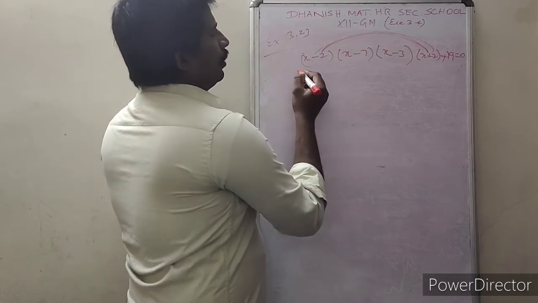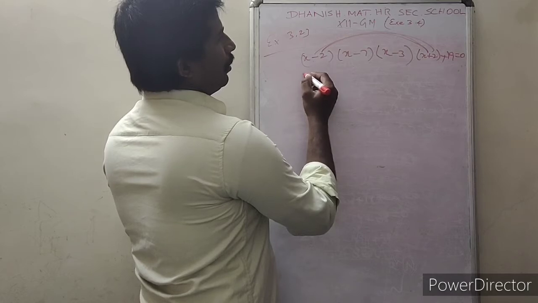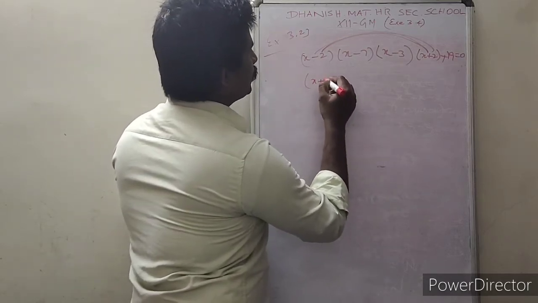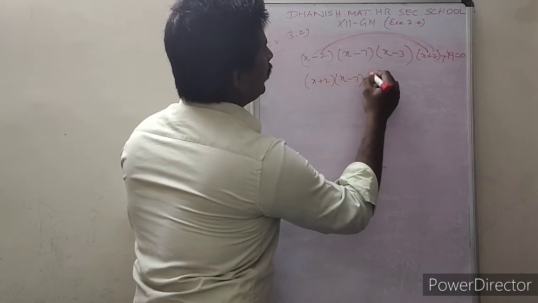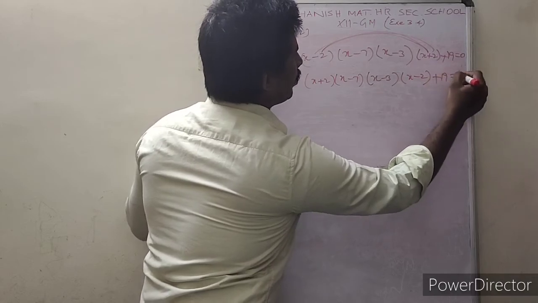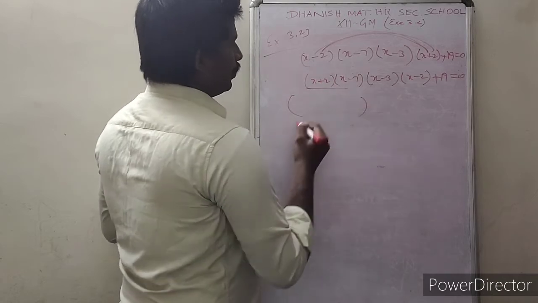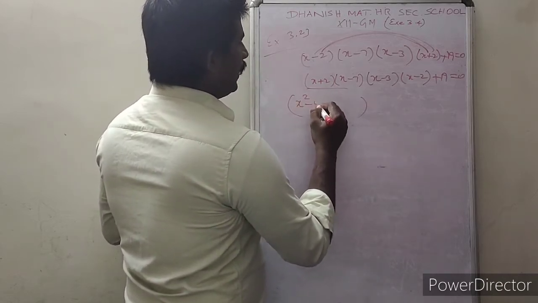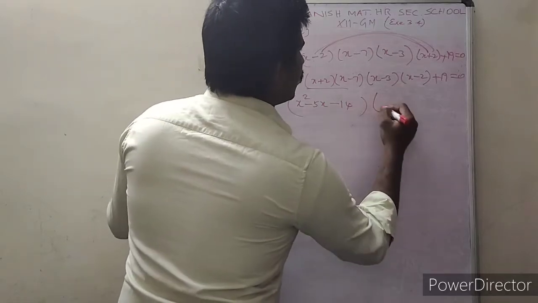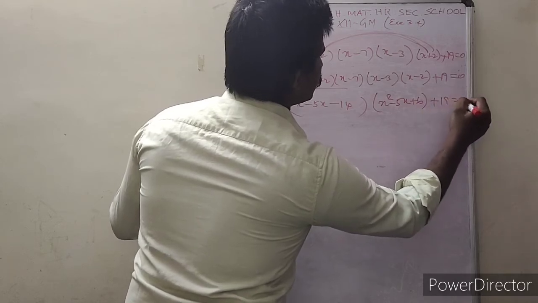So our given equation can be written as (x plus 2)(x minus 7)(x minus 3)(x minus 2) plus 19 equal to 0. Now I'm going to multiply these two: x square minus 5x minus 14, then x square minus 5x plus 6, plus 19 equal to 0.